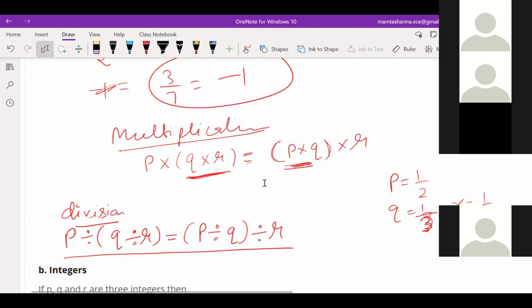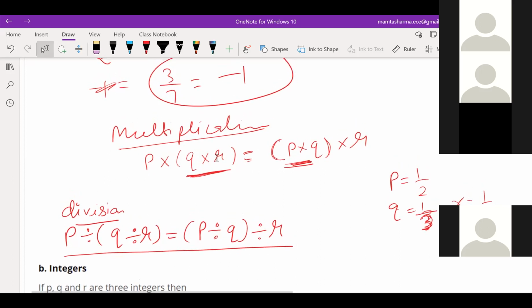Yes, ma'am, both are the same. So it is satisfying. Which property? The associative property for multiplication. So multiplication is true under the associative property.